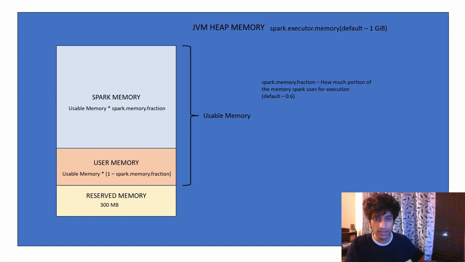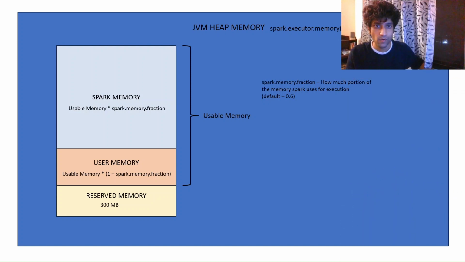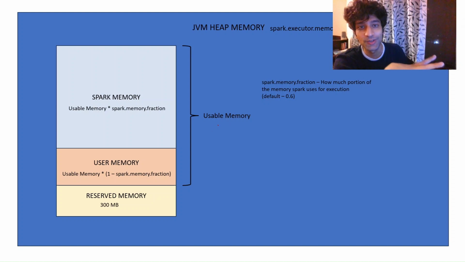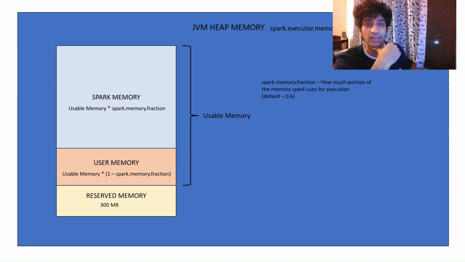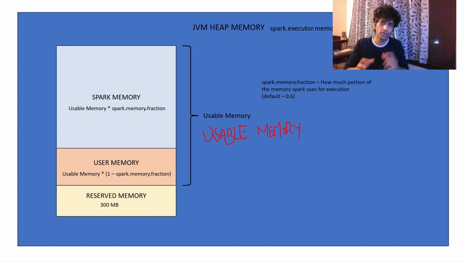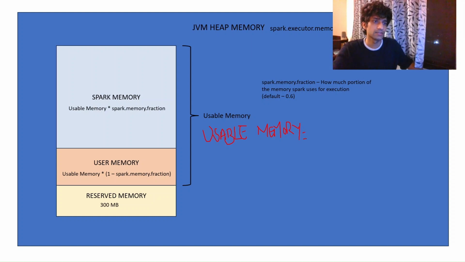So since we have all the defaults, let's see how much memory we actually get for execution. I'll just quickly put it over here. What we'll do is we'll start with the usable memory, because 60% of the usable memory is actually the memory which you are going to get for Spark to execute, right? So usable memory is equal to our heap memory minus reserved memory.